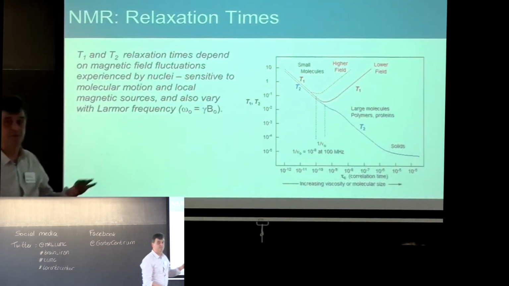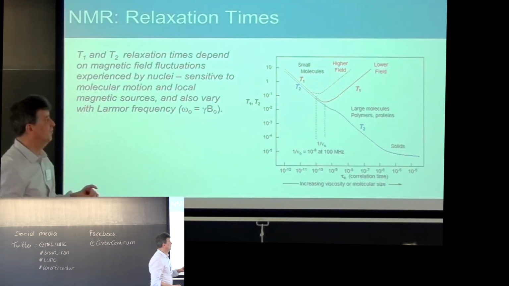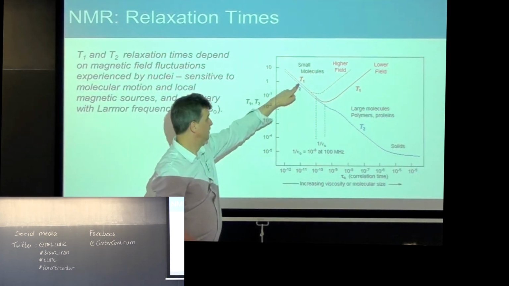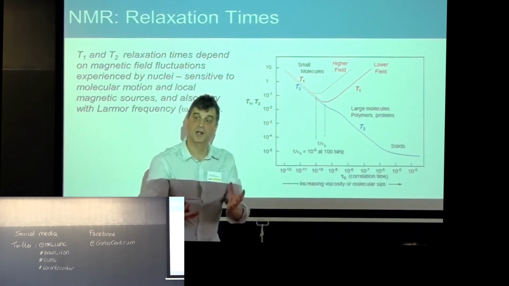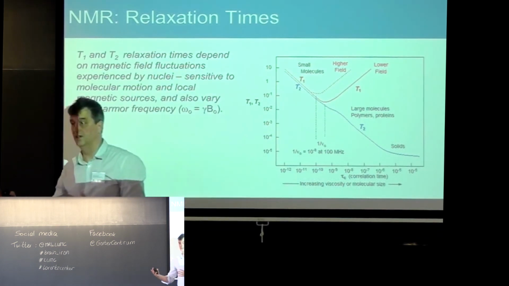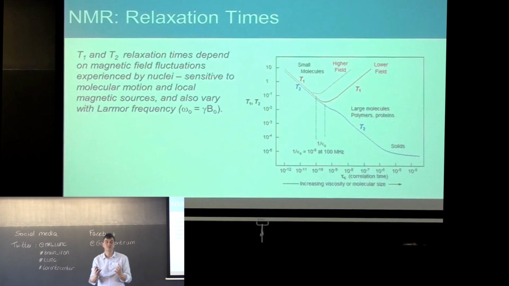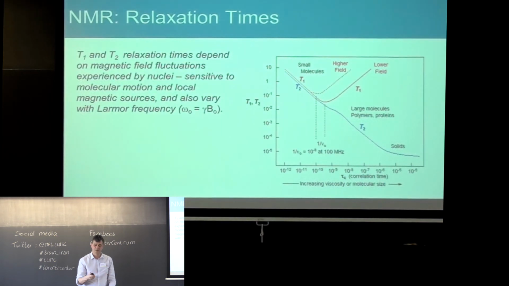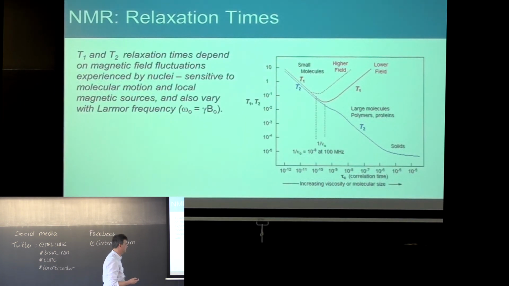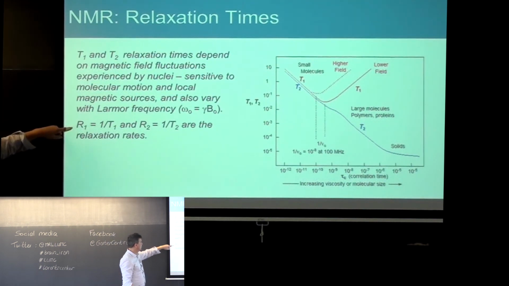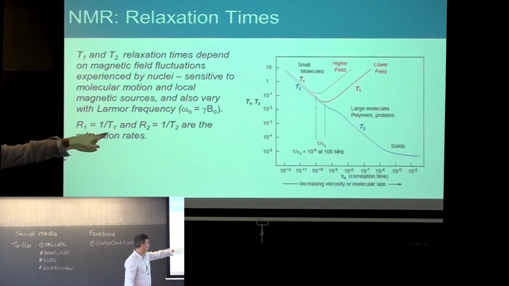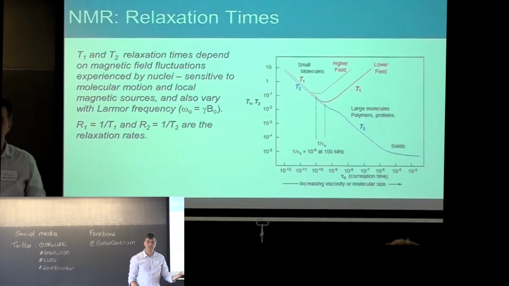Those behaviours give rise to variations of these quantities depending on the molecular environment of the water, and that's important because in tissue the environment can be quite significantly different, and therefore these relaxation times are different in tissues.